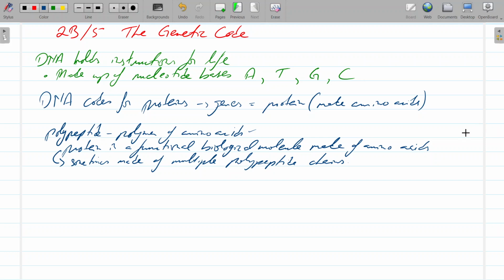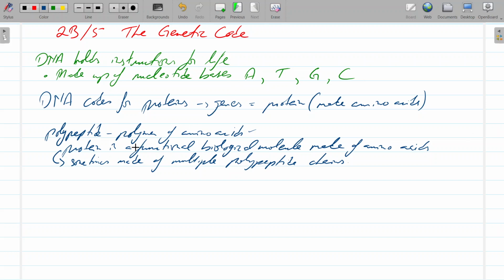So the example is hemoglobin, right? Hemoglobin is the molecule that is responsible for carrying oxygen in your red blood cells, and it is actually made up of 4 polypeptide chains, 2 alpha globin, 2 beta globin chains, which come together to form one molecule of the protein that is known as hemoglobin.